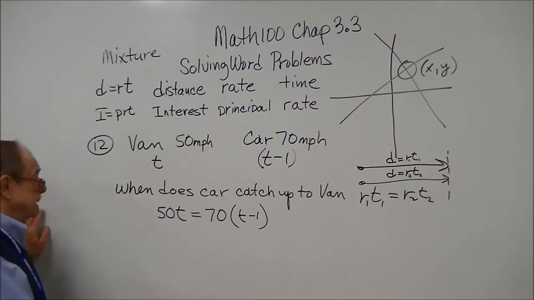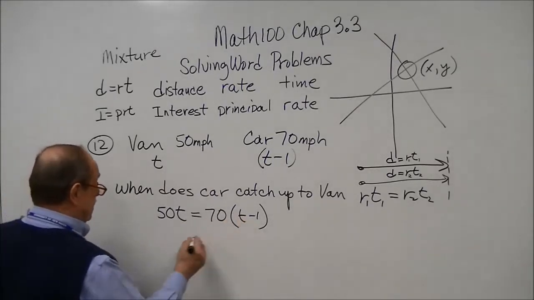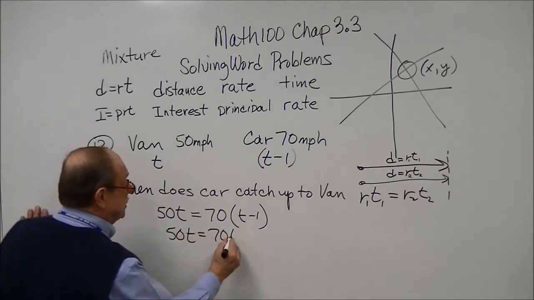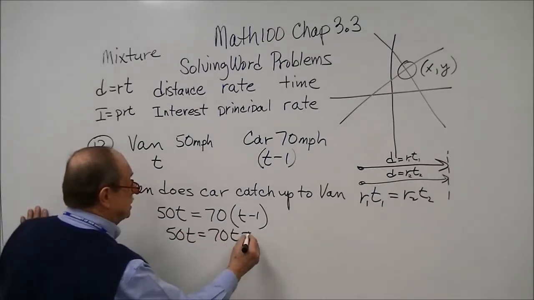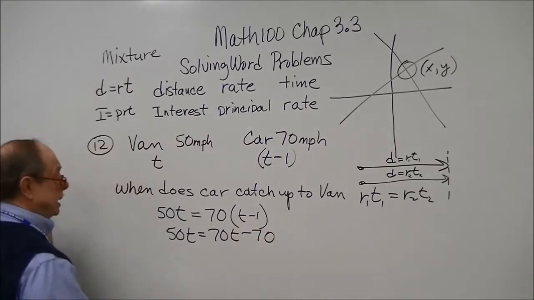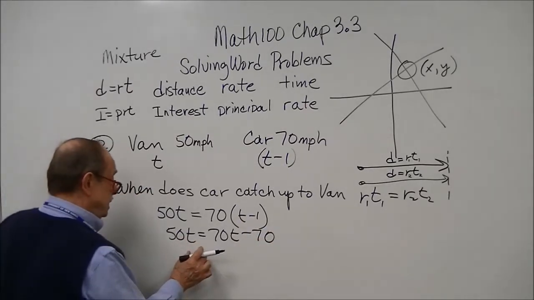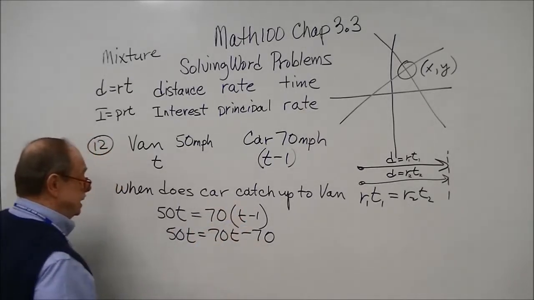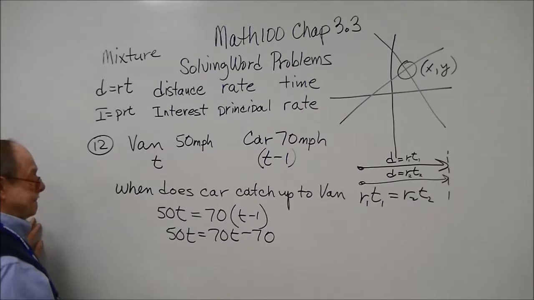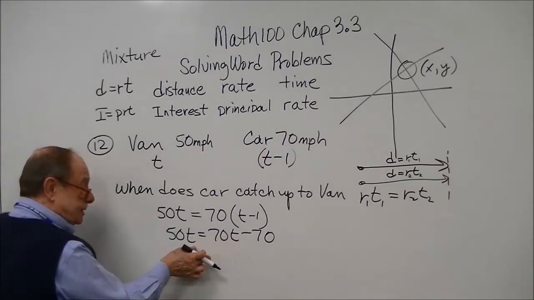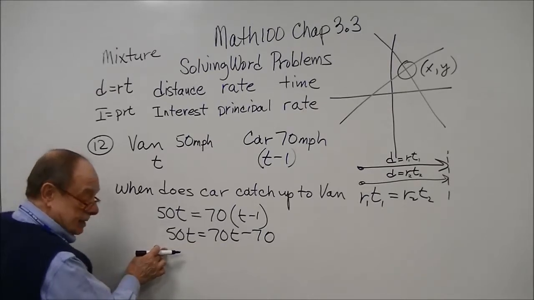So how do we solve it? Well, we clear our parentheses. So we go 50t equals 70t minus 70. Now, to make it easier, I'm going to transpose the 70t over to this side.